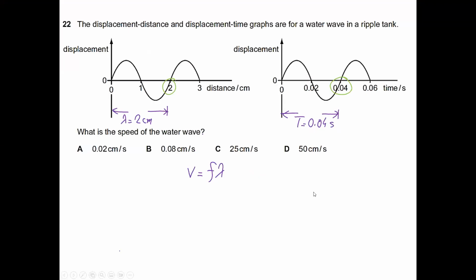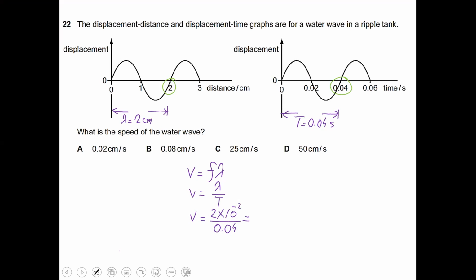V is equal to F lambda. And I have another formula which I should apply. V is equal to lambda over T. So V is equal to, what is lambda? 2 centimeter, 2 into 10 to the power minus 2 upon 0.04. So can you do the calculation, please?